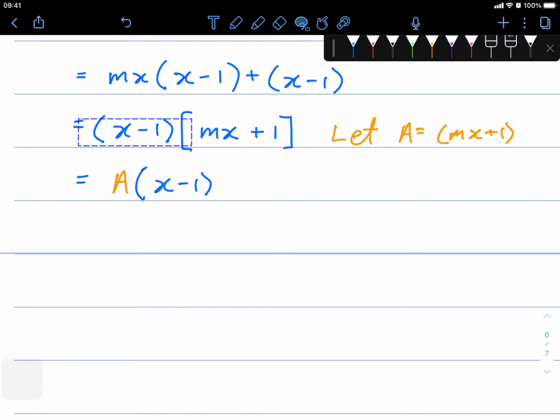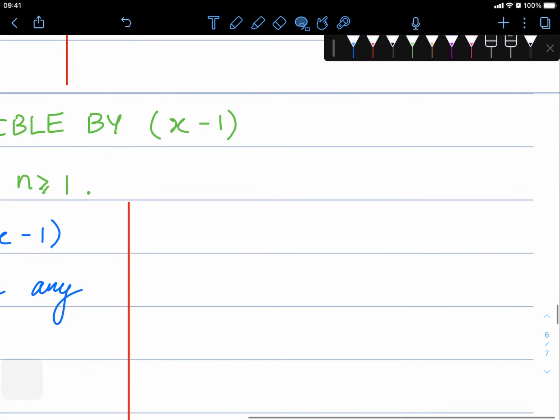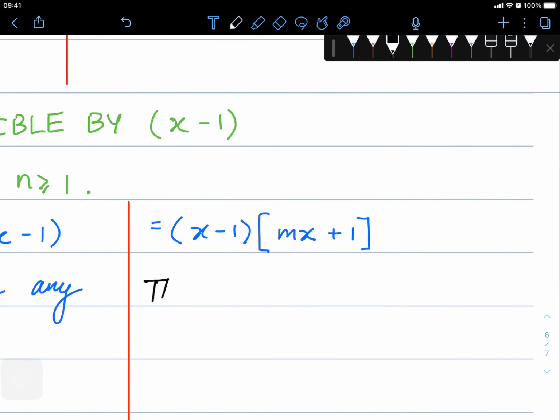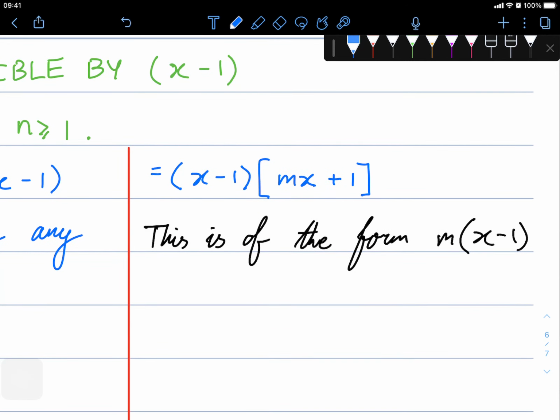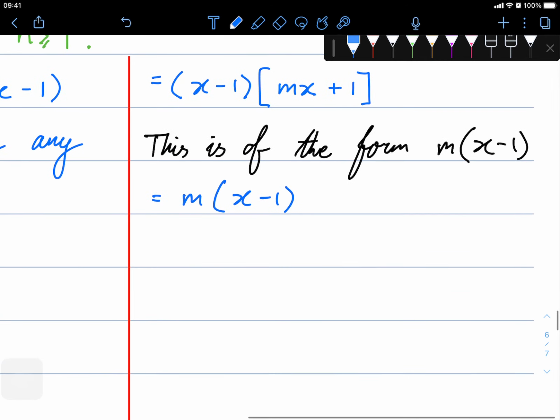So going back up to the top, we can say that this expression looks now like m outside of x minus 1, which is equal to that right hand side.